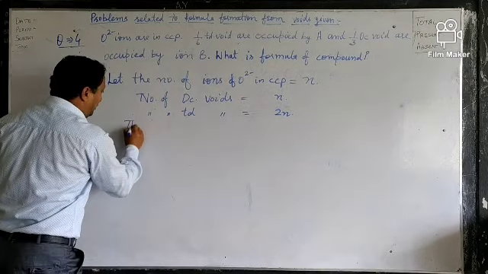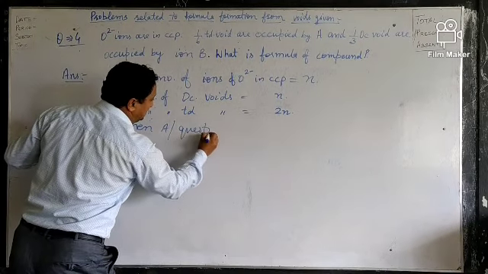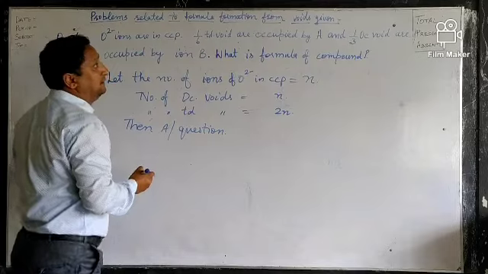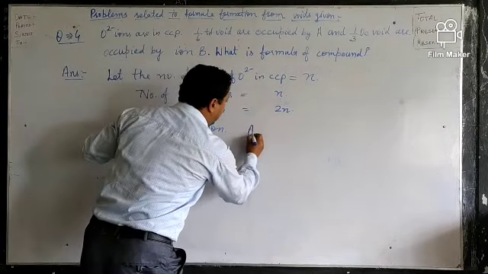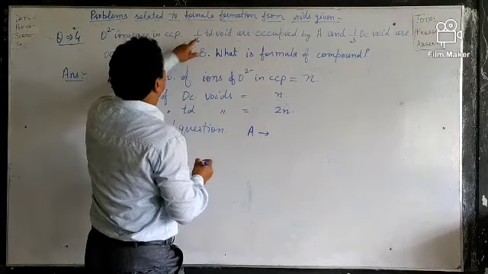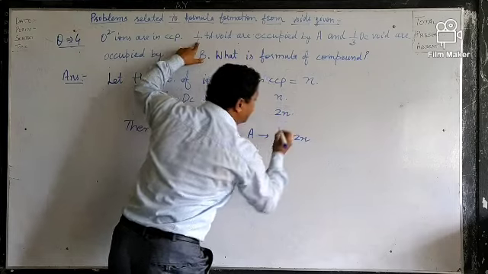Then according to the question, what is it saying? It is saying that A occupies 1/6 of tetrahedral voids, that is 2n.